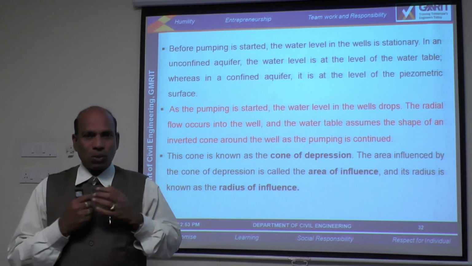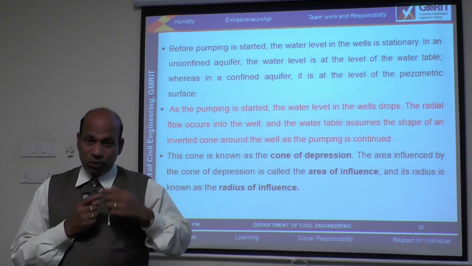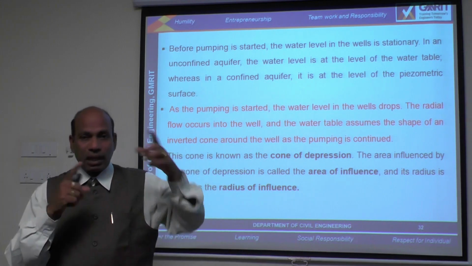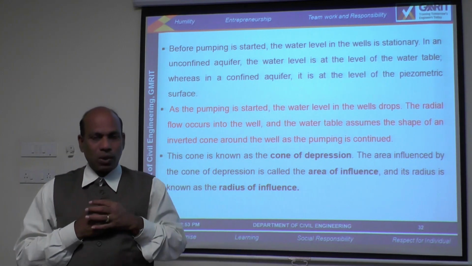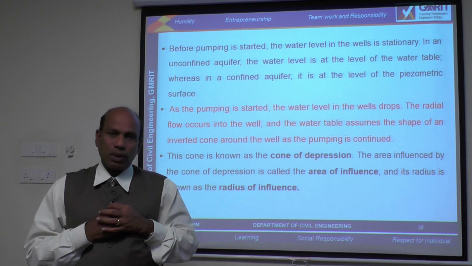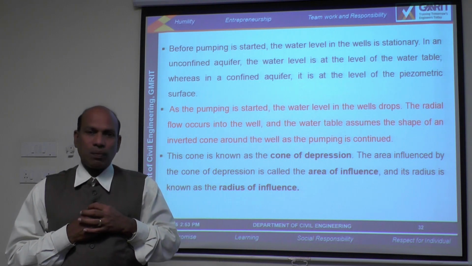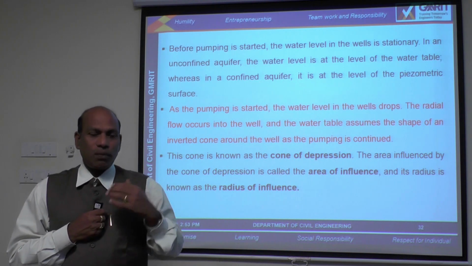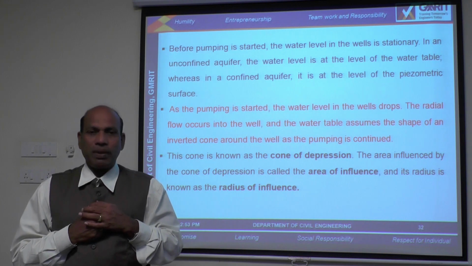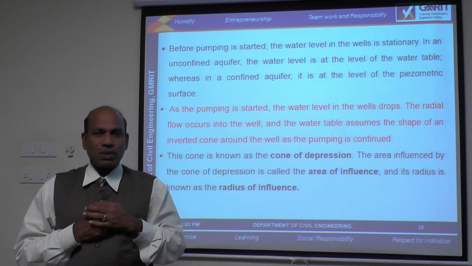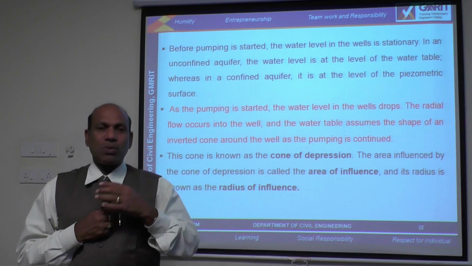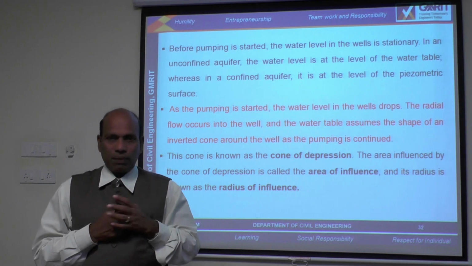This cone is known as the cone of depression. The area influenced by this cone of depression is called the area of influence, and its radius is known as the radius of influence.